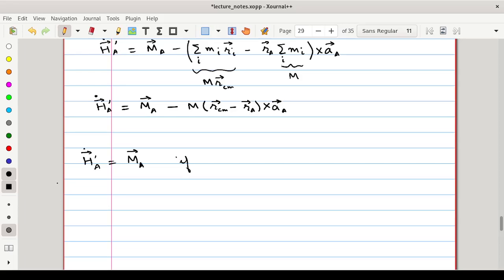One such case is when this term is 0, that is when rA is equal to rCM, that is, our reference point is the center of mass itself.